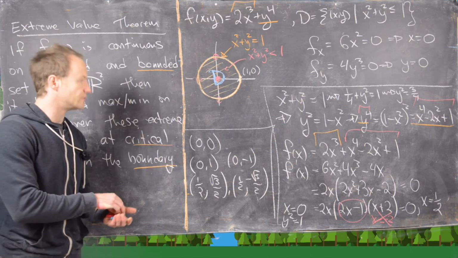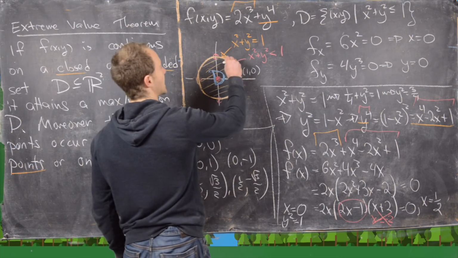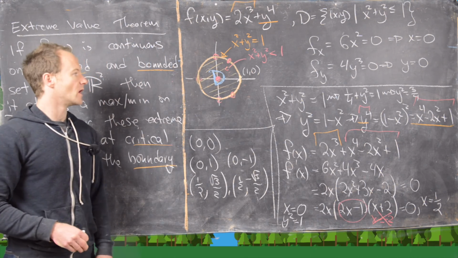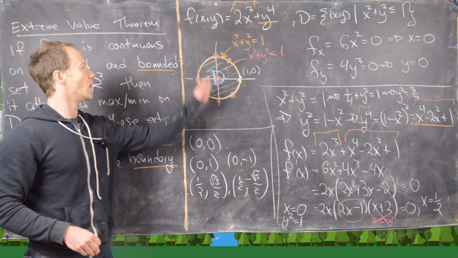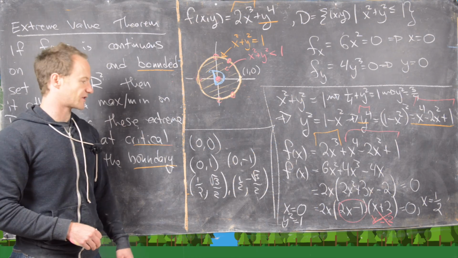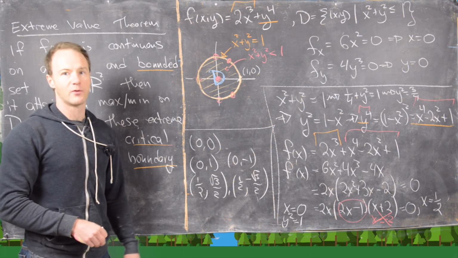Okay, good. So notice those are going to be points right about there and there. Okay, good. So now that we have our 1, 2, 3, 4, 5 important points, we can check their status. So I'll clean up the board and then we'll do that.